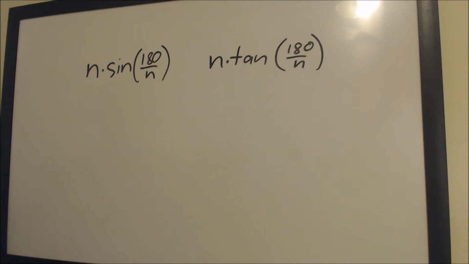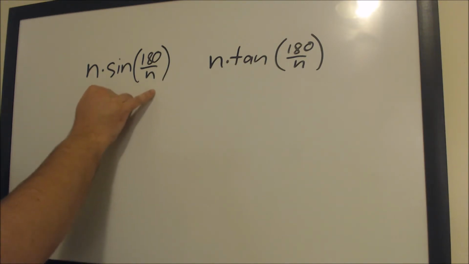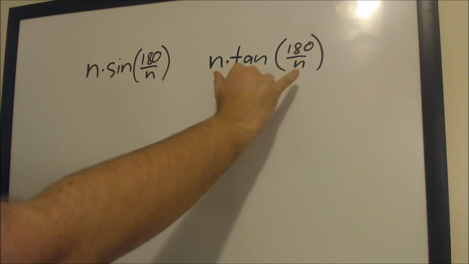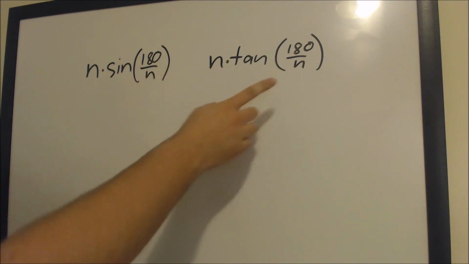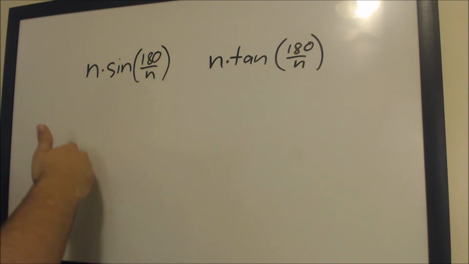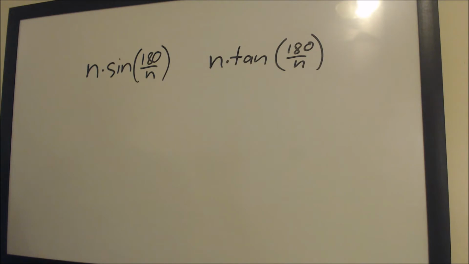So now I have my two bounds. I have my inscribed perimeter, and then I have my circumscribed perimeter. So my estimate has got to be somewhere between these two. And so what I'm going to do is take the average. I'm going to add these two functions together and divide by 2.